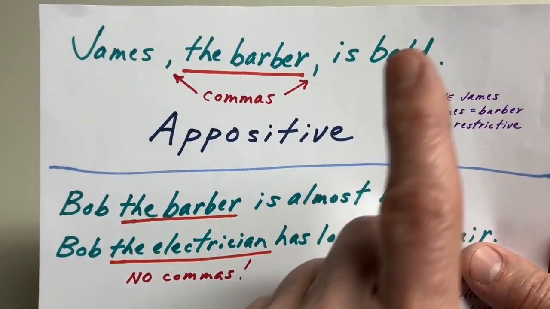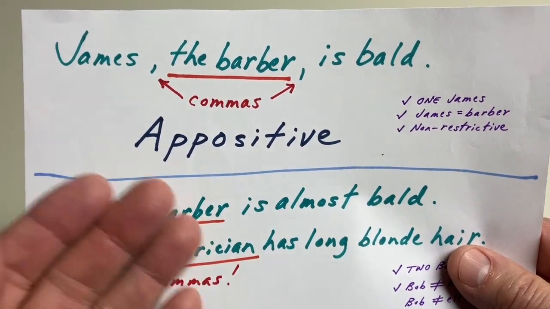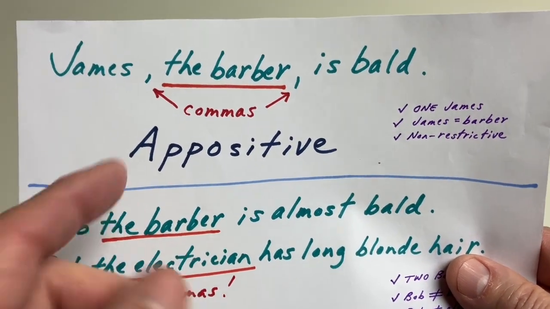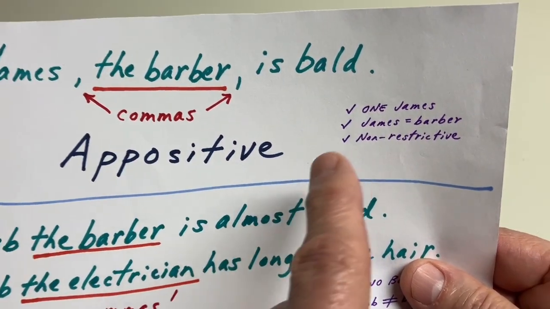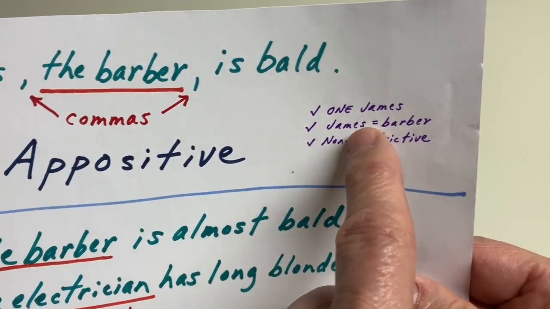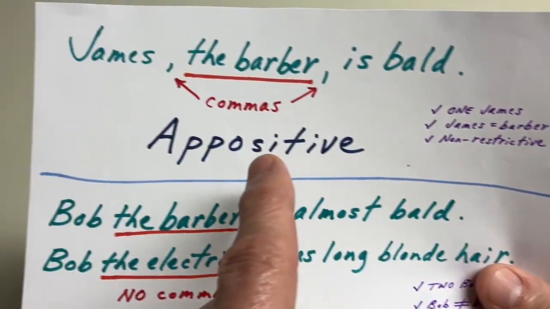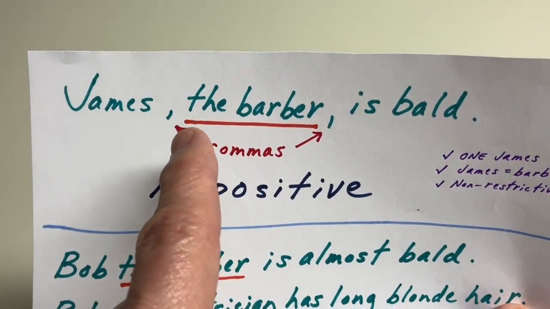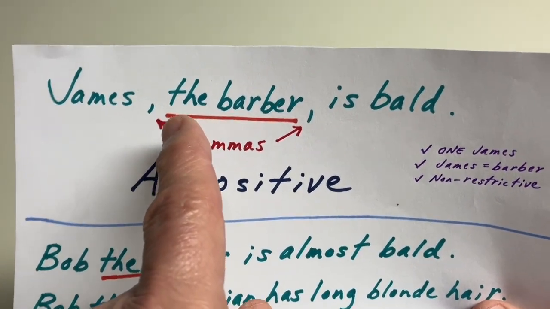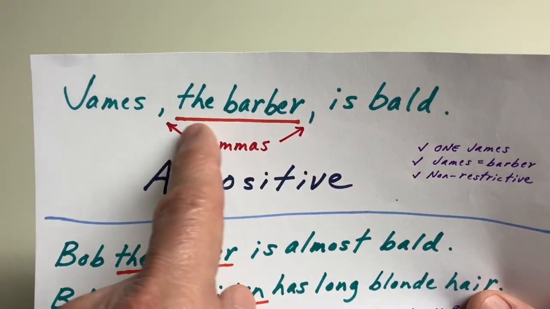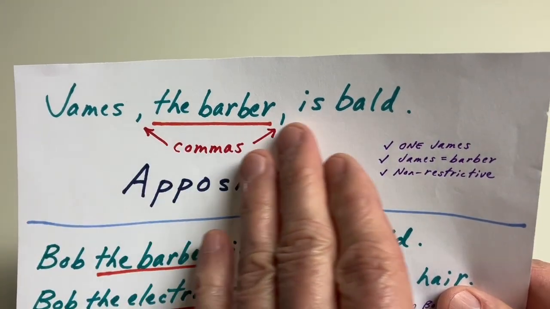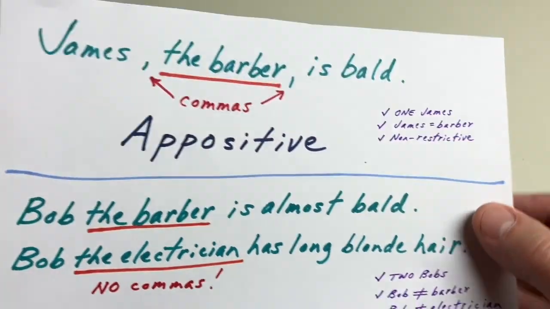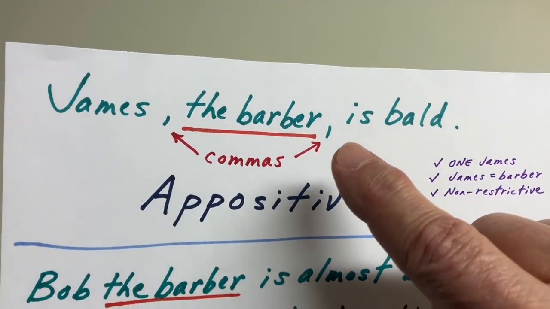First of all, there's only one James. In your circle of friends or your community, there's only one James who's a barber. Not two, only one. So James is the barber. And this is a non-restrictive phrase because it can be removed and you still won't lose any of the main meaning of the sentence, okay? So that's your appositive, and that's how commas are used.